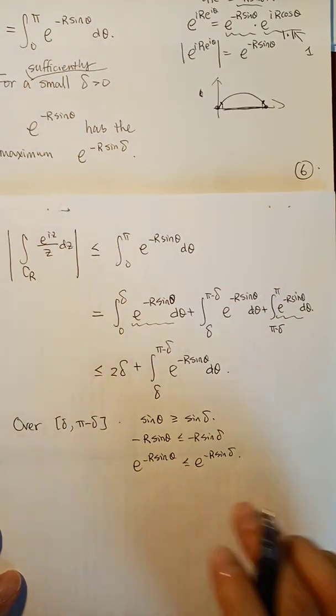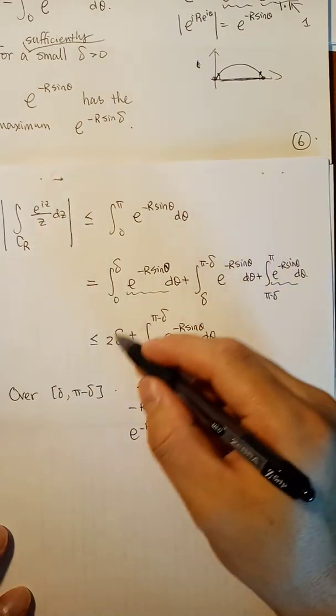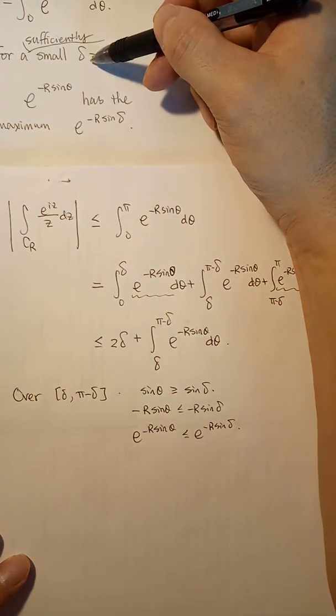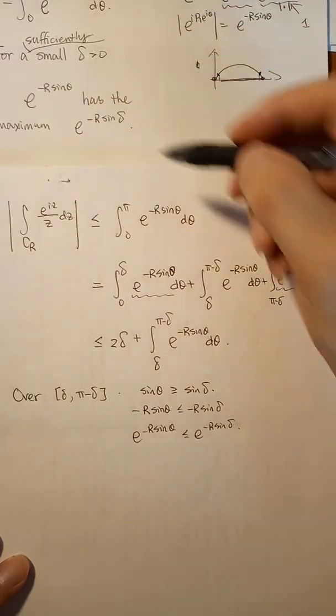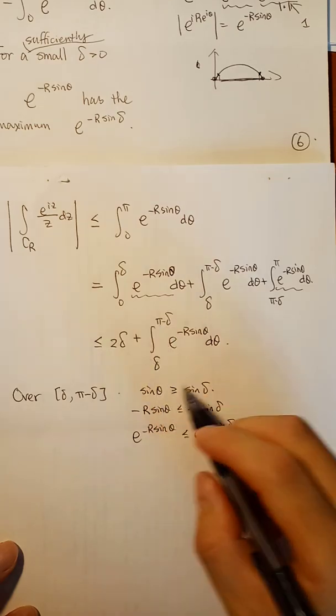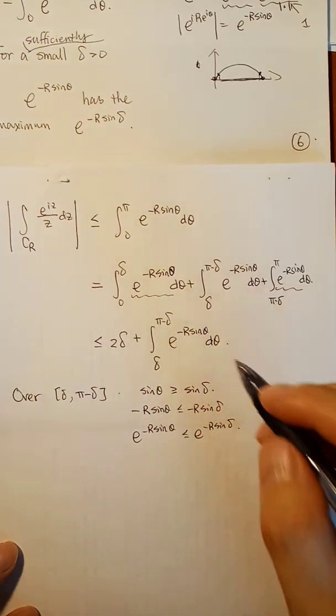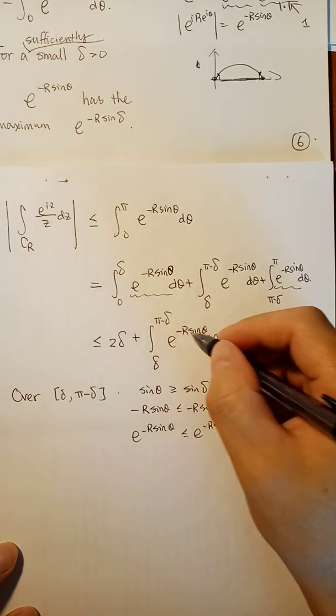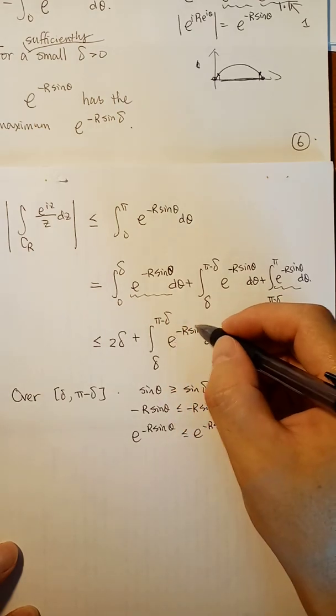This is a decreasing function. Okay, now we have this part. It doesn't matter whether you have a small delta or a bigger delta. It works for all the deltas between 0 and π over 2. And then this one, let's check. This is a positive number, and it's less than this number.